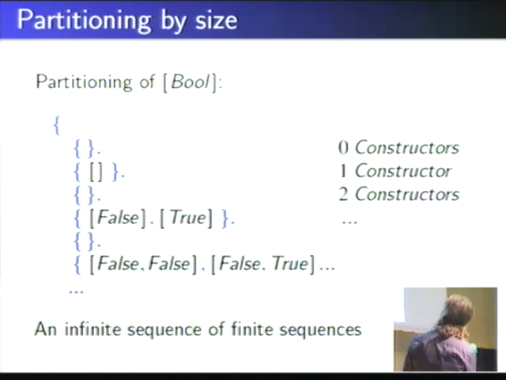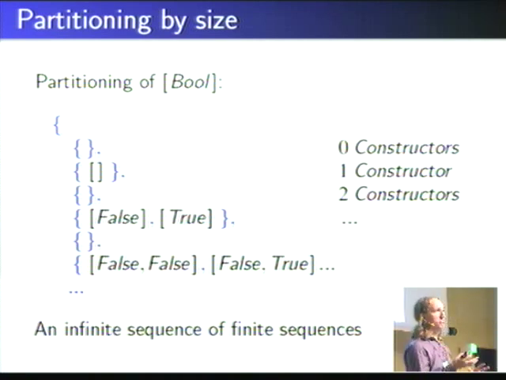There are no lists with 0 constructors, and there is only the empty list with 1 constructor, and no lists with 2 constructors, because we actually need 3 constructors to build a singleton. But if we just concatenate these inner sequences, we get the sequence that I showed you on the last slide, the flat enumeration.